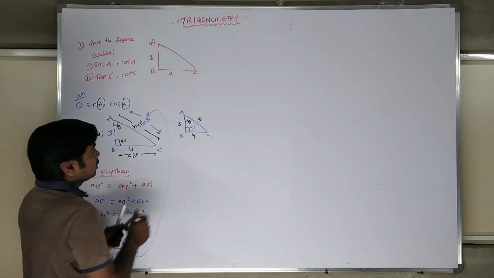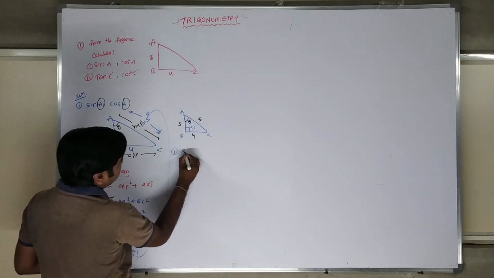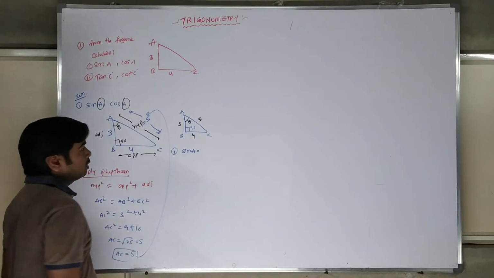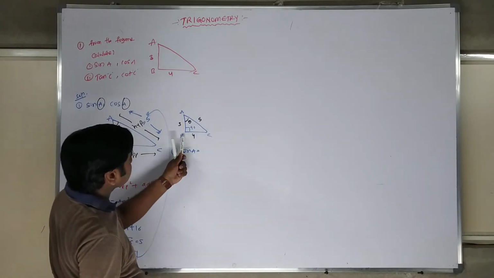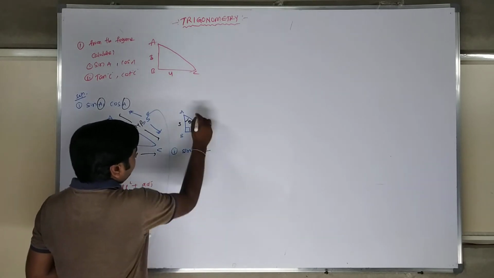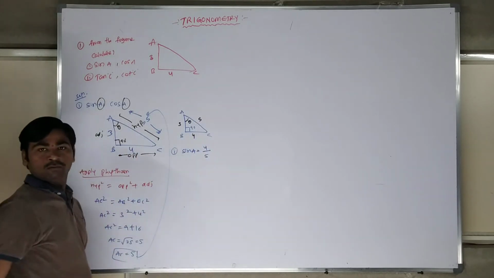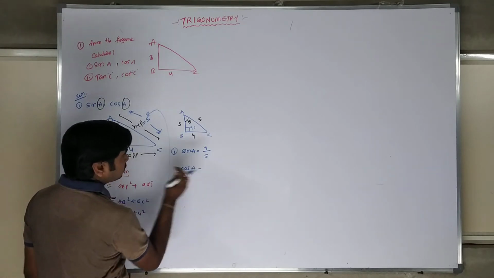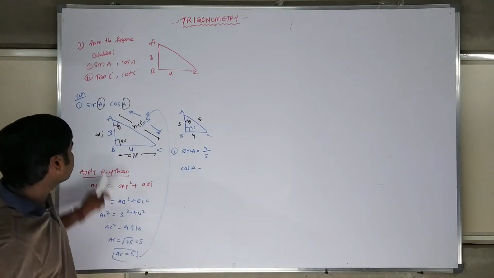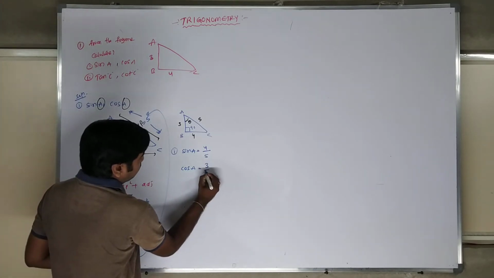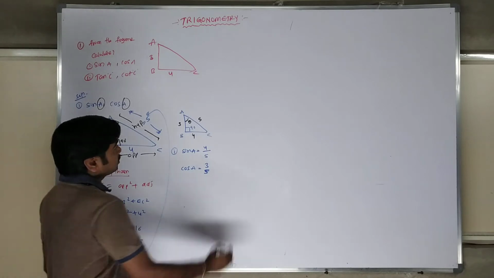Now let us write sine. First question, sin A. Sin A is opposite by hypotenuse. Opposite here is 4, hypotenuse 5, so 4 by 5. Second, cos A means adjacent by hypotenuse. Adjacent here is 3, hypotenuse 5, so 3 by 5. So this question is over.